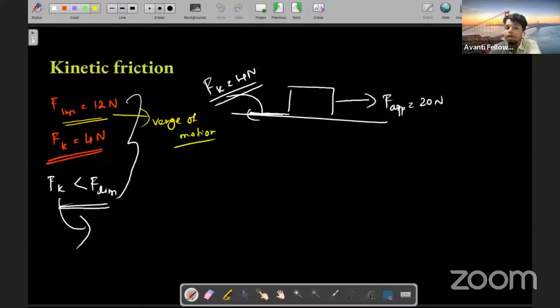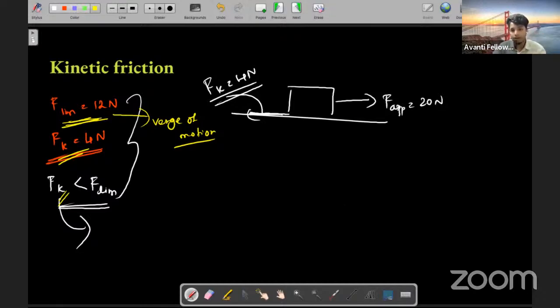Now, Sweetie and Ballari students, see here. We got the limiting friction as 12 Newton and kinetic friction as 4 Newton. Over here, you can see that Fk is smaller than limiting friction. Why is that? What does limiting friction do?